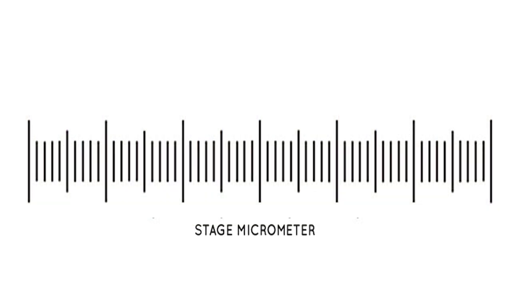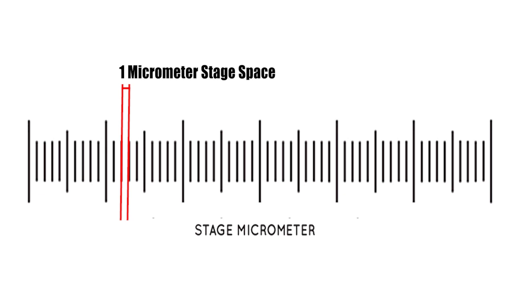It is given in the stage micrometer that 1 stage micrometer space equals 0.01 millimeter. Thus, from the equation, you can get the distance in millimeter between lines of the ocular micrometer.